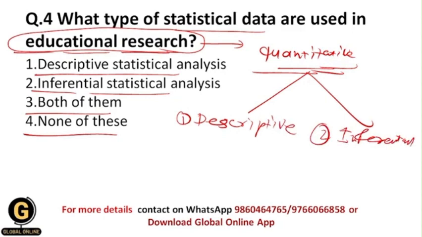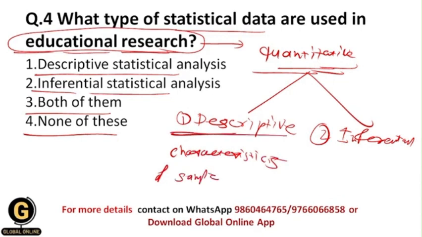Okay, so descriptive statistical analysis is computed to describe characteristics of a sample or population in totality. So basically here we are going to describe characteristics of a sample through computation.